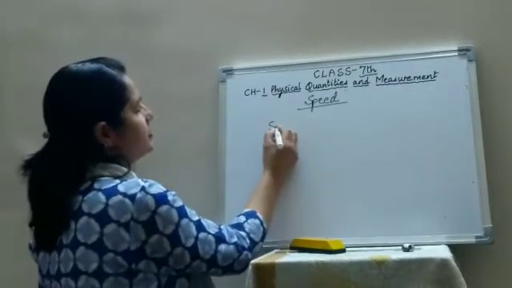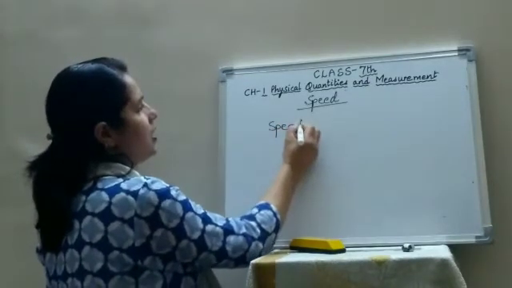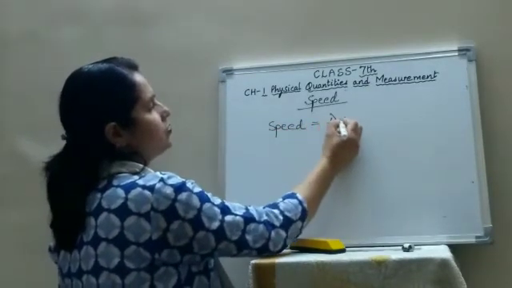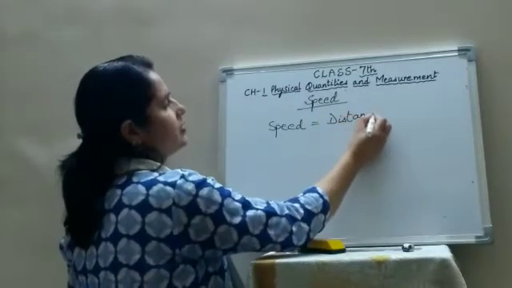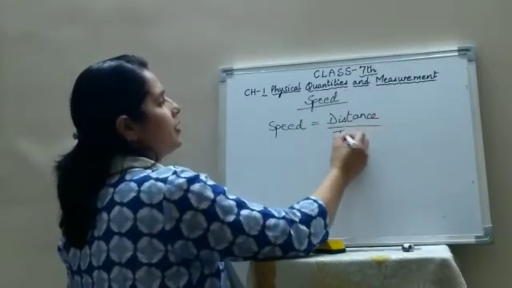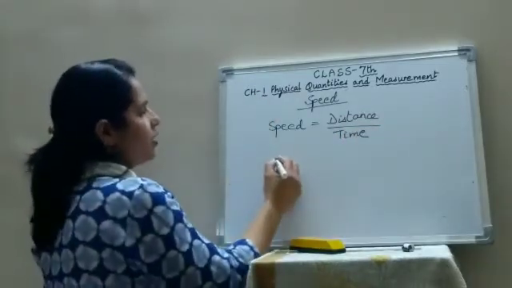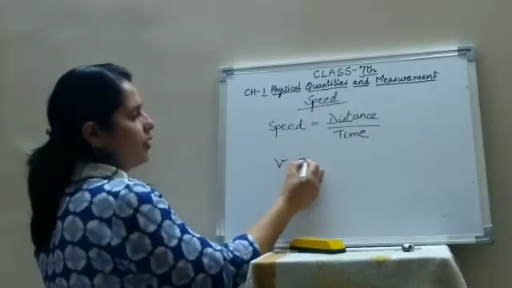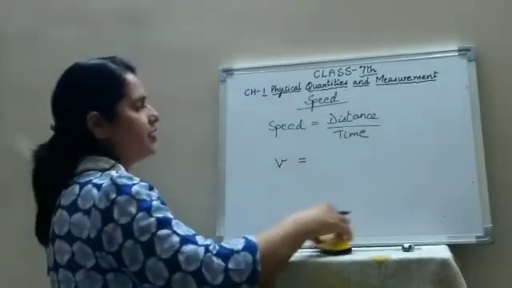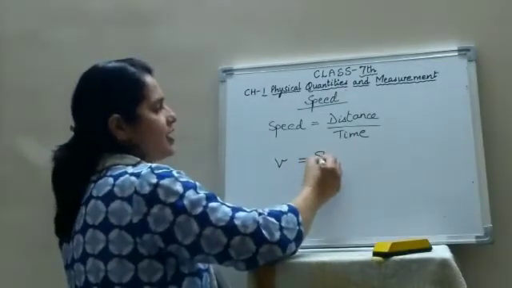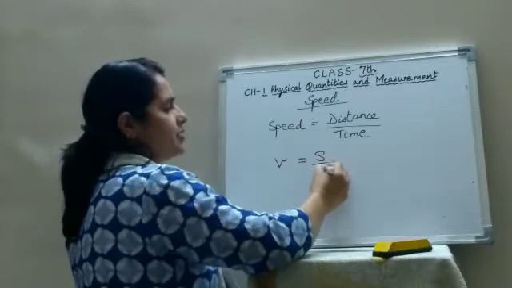And speed is given by the formula speed is equals to distance upon time. Suppose v is the speed of the body and it is covering a distance s in certain time t.